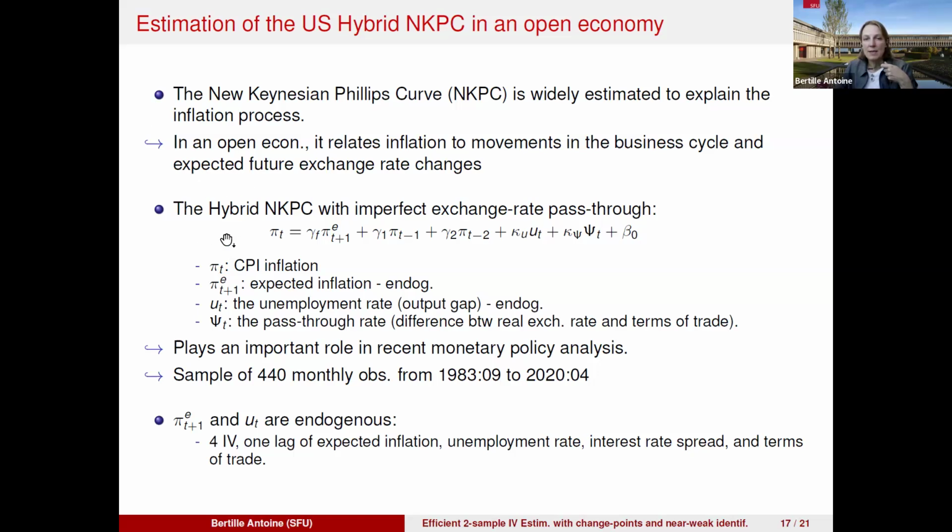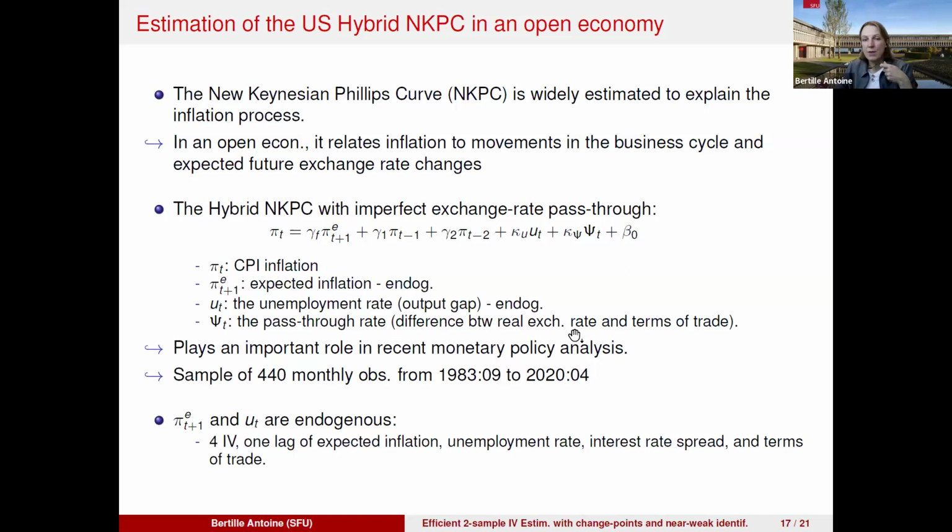Our hybrid NKPC looks like this. We have pi t, our dependent variable, which is inflation, measured as CPI inflation. It is modeled as a linear function of expected inflation, the first and second lag of inflation itself, and then two drivers, if you wish: U t, the unemployment rate measured as the output gap, as well as psi t, which is the pass-through rate.